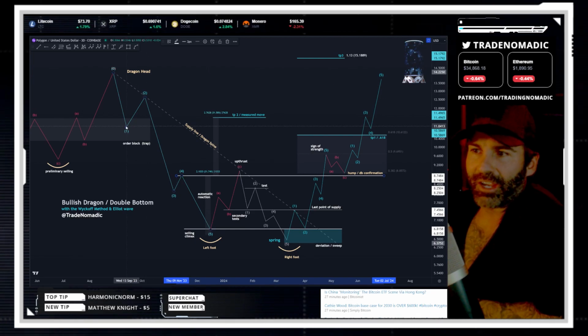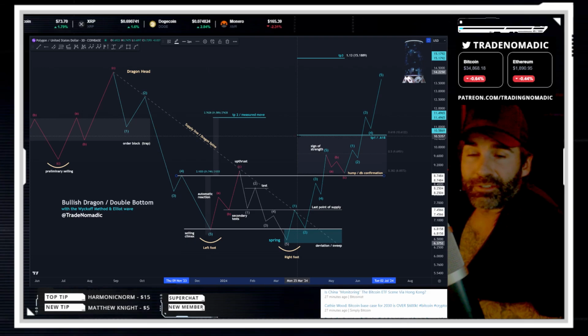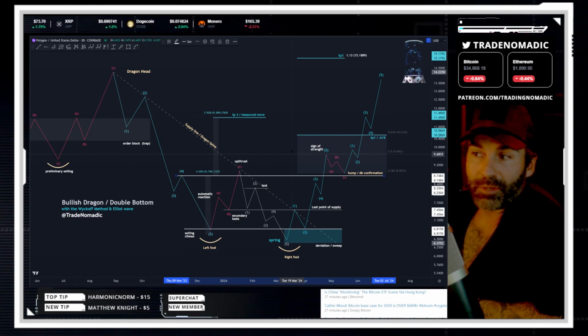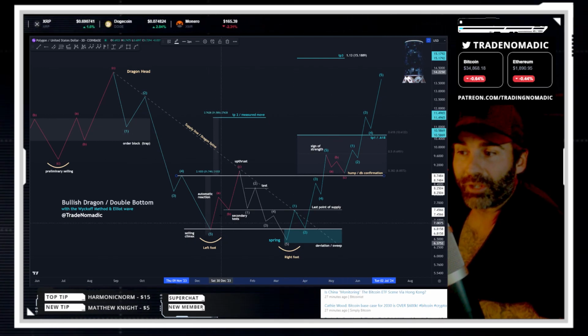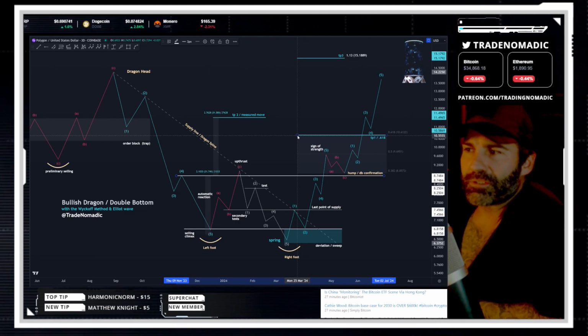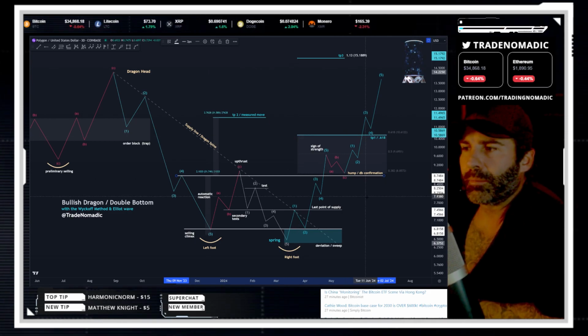Sometimes the supply is higher. And again, the 618 is often the make or break. Sometimes it'll come right to the 618 and that's it, especially if the measured move of the double bottom lines up with the 618. That increases the probability that that's going to be the outcome.